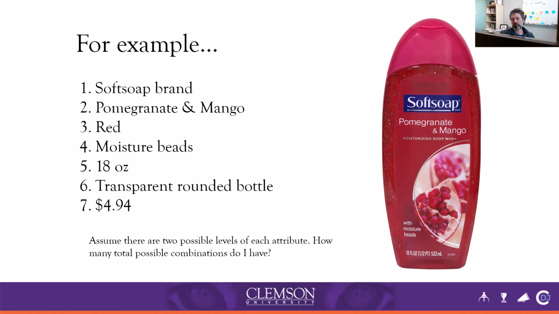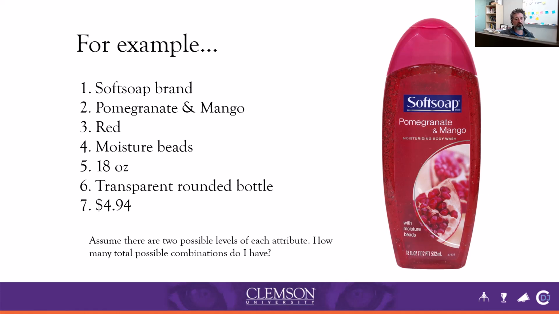So for example, let's say we were Procter & Gamble and we want to introduce a new product, and there are 7 different attributes. We can change the brand, the flavor, the color, whether or not it has moisture beads, the size of it, whether it's a transparent or rounded bottle, and 2 price levels.